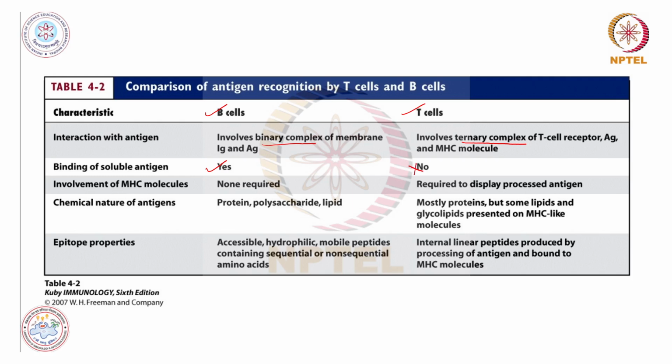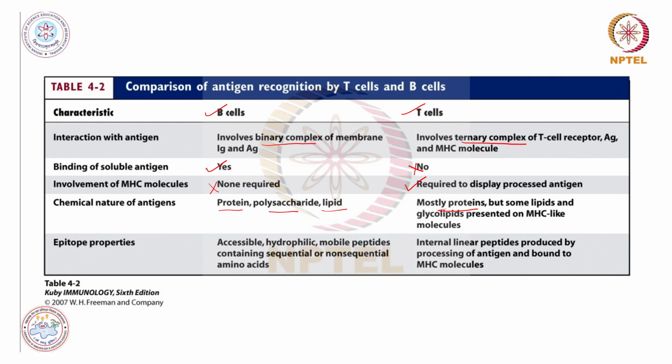In the case of B cell, the involvement of MHC molecule is not required, whereas in case of T cell, it is required to display the processed antigen. In the case of B cell, the nature of antigen can be protein, polysaccharide, or lipid, but in the case of T cell, it is mostly protein, but sometimes it can be lipid or glycolipid.